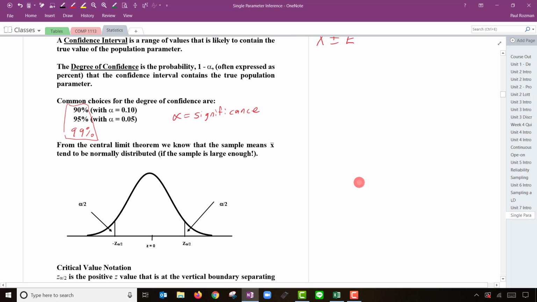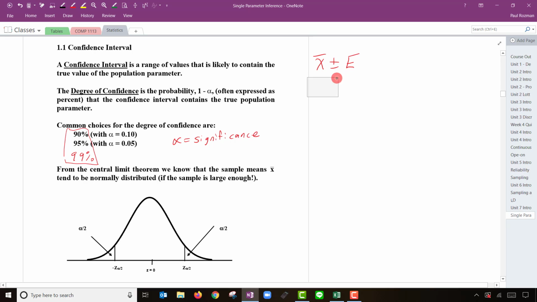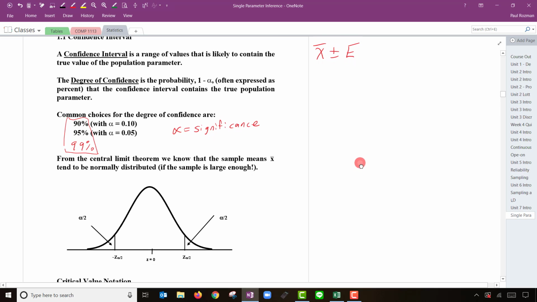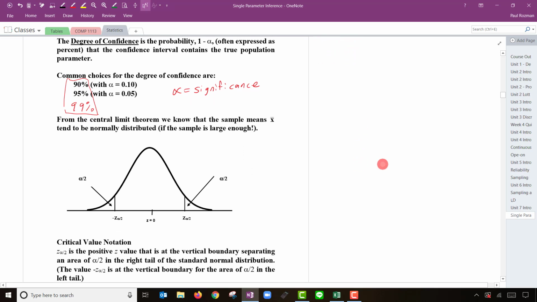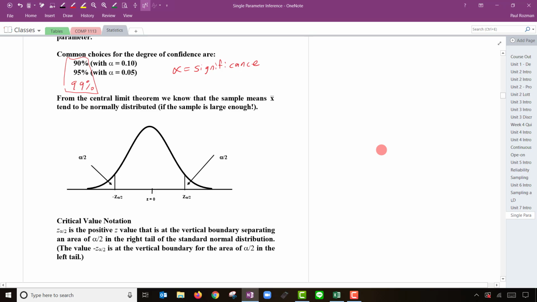In order to come up with this error term, we're going to have to do something with probability. I guess we can use the normal distribution here. We've been using the normal distribution forever. This is just your typical Z table here. There's the Z curve with 0 in the middle.